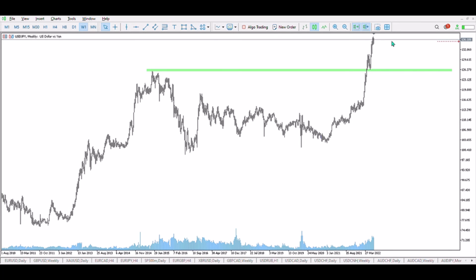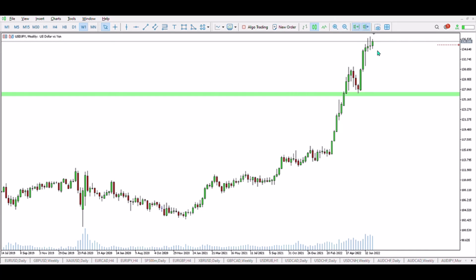USD/JPY. Here it is interesting, guys. I have marked one support area on the weekly, and if we start rejecting this area, the first target will be these highs over here, and the second target will be somewhere here.